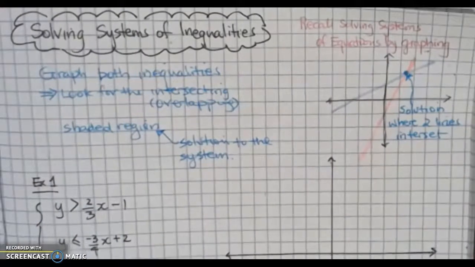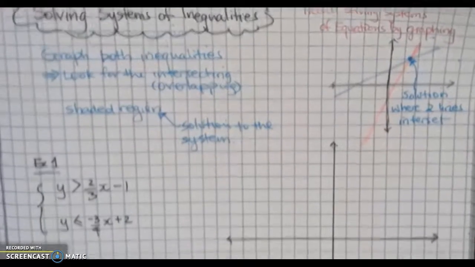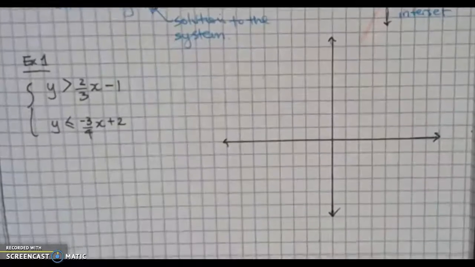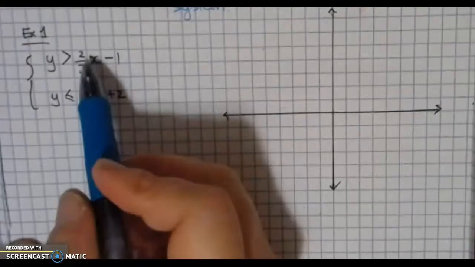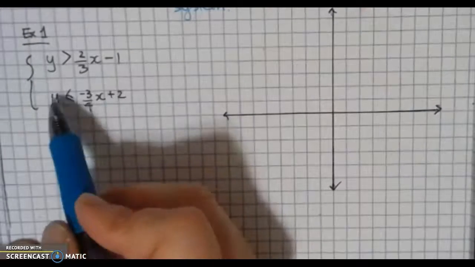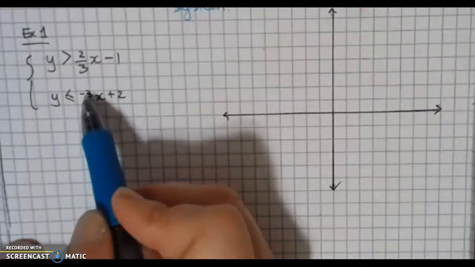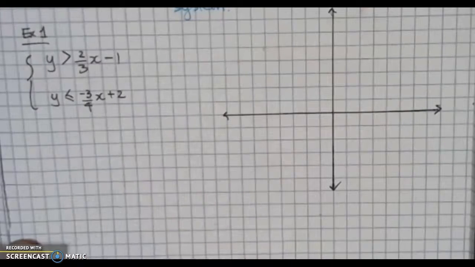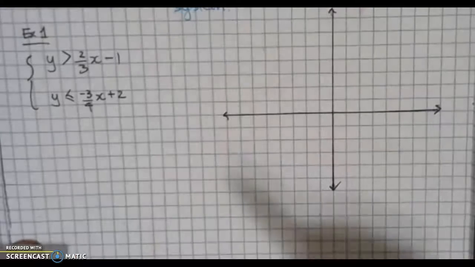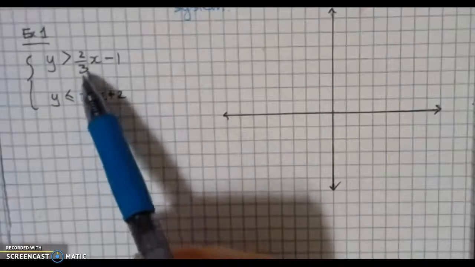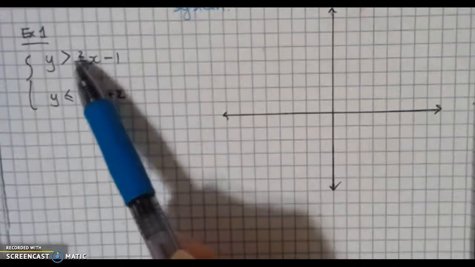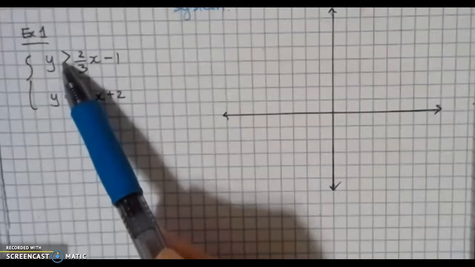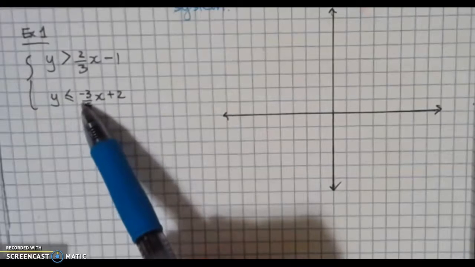So let me demonstrate by doing some examples. The first example we're going to try is this: y is greater than 2/3x minus 1, and y is less than or equal to negative 3/4x plus 2. So we have two independent inequalities, and we're going to look for some xy combination that satisfies the first inequality as well as the second inequality.